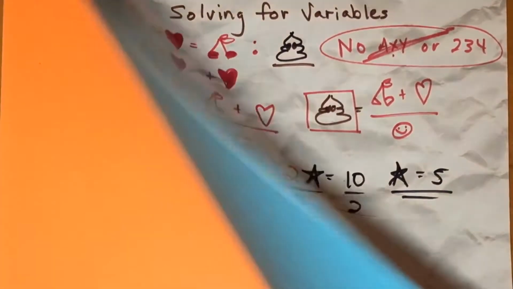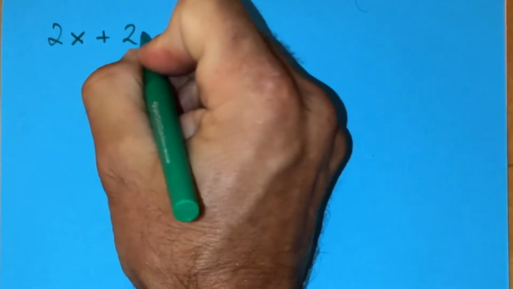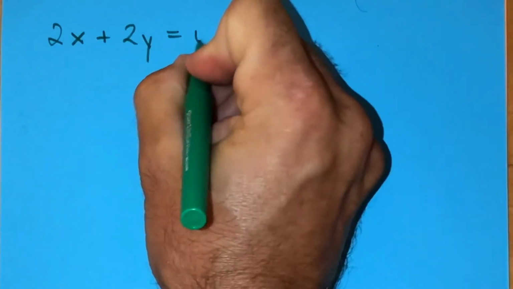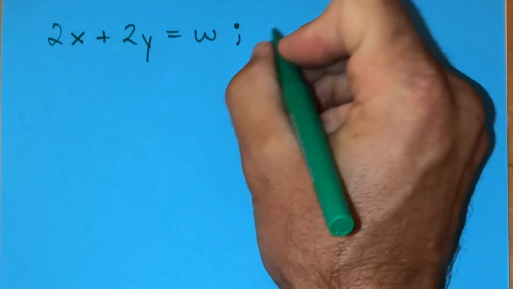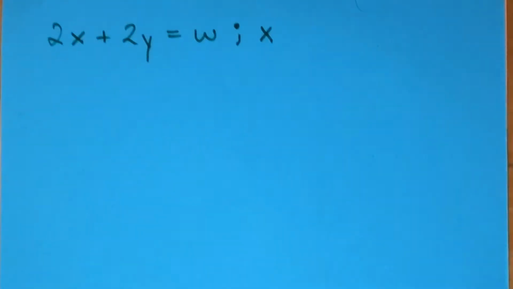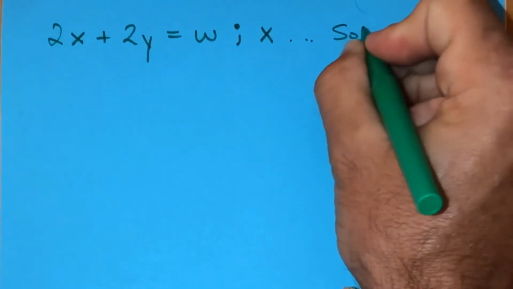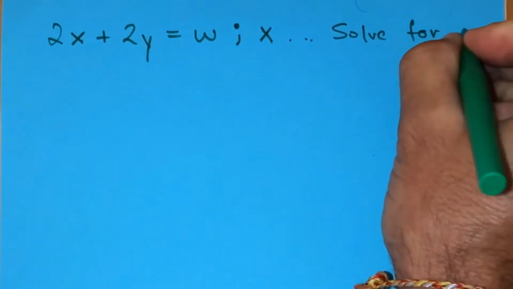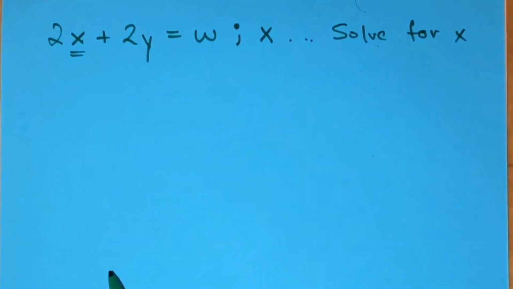So when you're given a problem where there are just numbers and letters, let's say a common question, 2x plus 2y is equal to w. So here we're back to numbers and letters, and we're asked to solve for, let's say, x. Usually they'll say solve for x. And we just demonstrated that we're trying to get this x by itself.